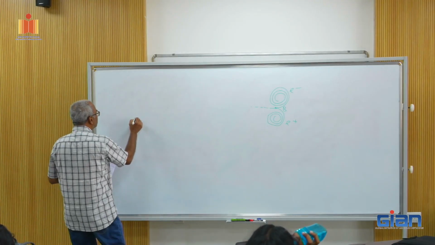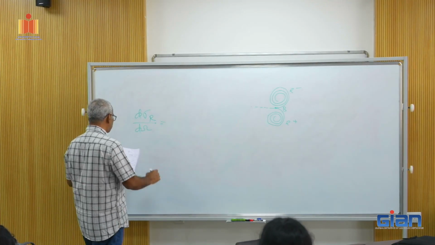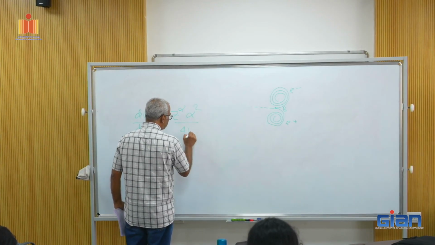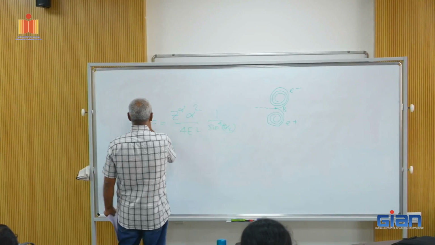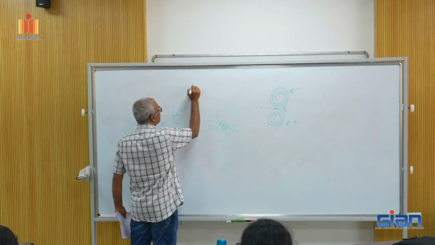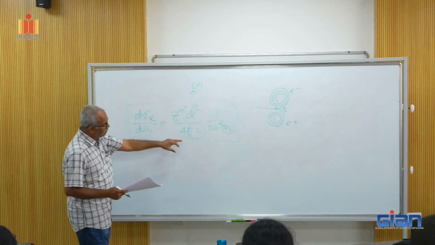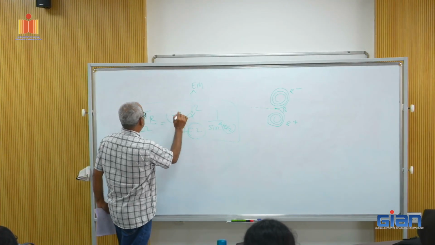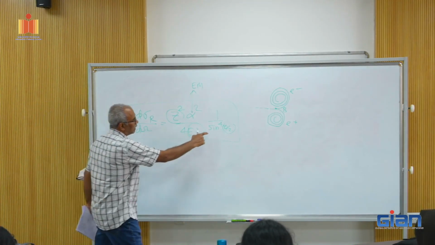That leads to a scattering cross section, d sigma Rutherford by d omega, which is roughly equal to Z square alpha square over 4E square, times 1 over sine to the power 4 of theta by 2, where alpha characterizes the electromagnetic interaction, E is the energy of the beam which was probed, Z is the atomic number of the target, and theta is the angle of deflection.